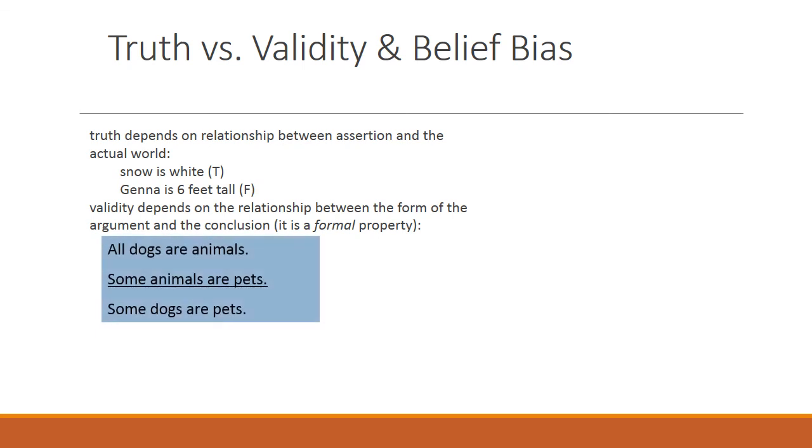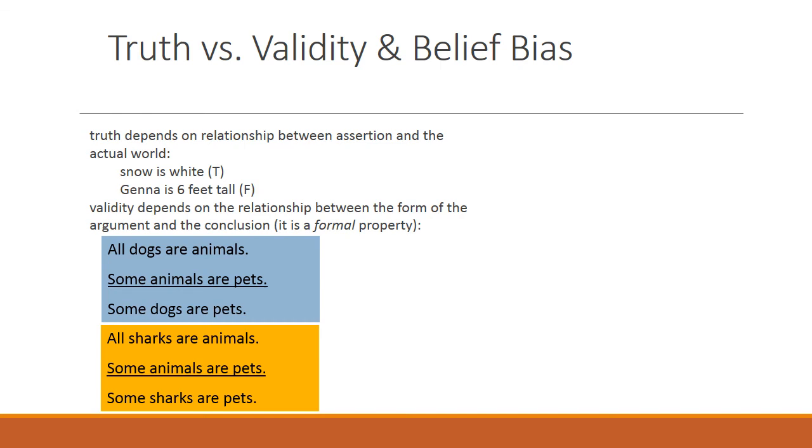For example, take this syllogism: all dogs are animals, some animals are pets, therefore some dogs are pets. We seem to be able to say that this is a true thing of the real world. Some dogs are pets. We know that to be true. But given the premises, that doesn't have to be true. That's not the logical, valid conclusion.